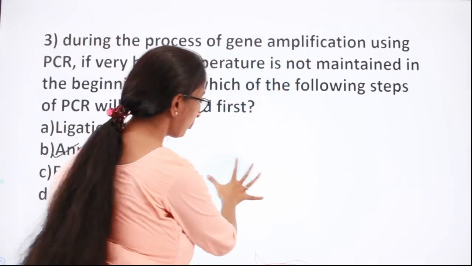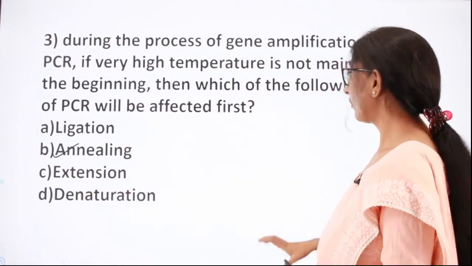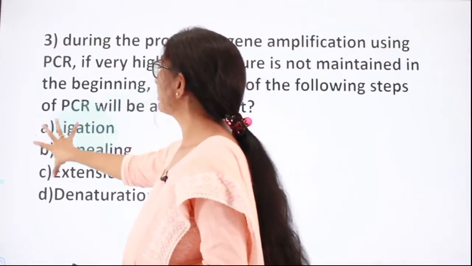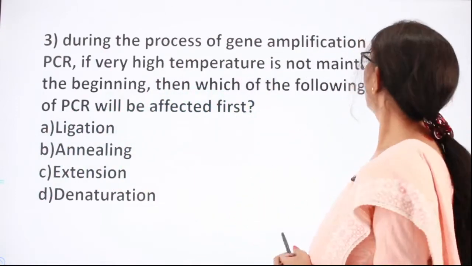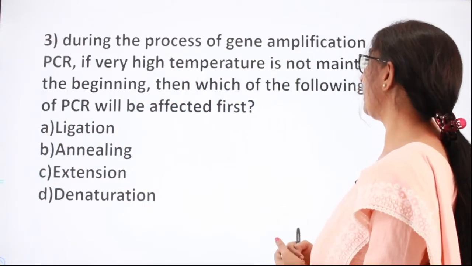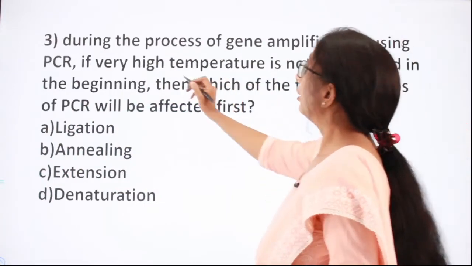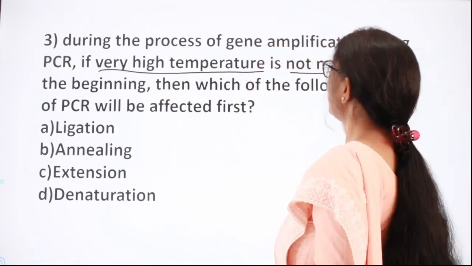Moving on to the next question. During the process of gene amplification using PCR, if very high temperature is not maintained in the beginning, so very high temperature is not maintained in the beginning.